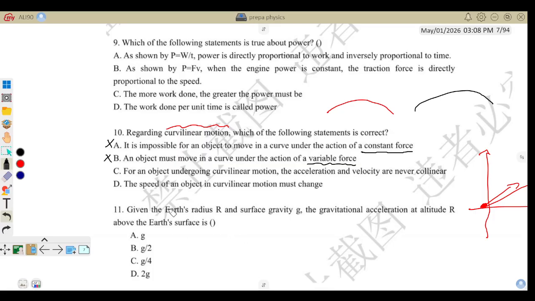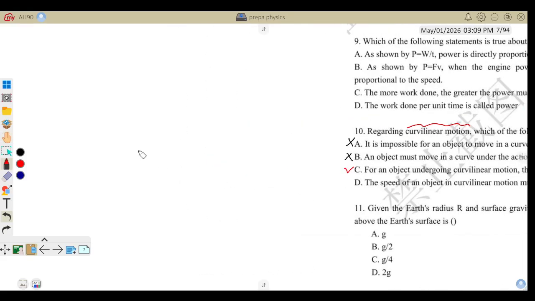For C, we have here, for an object undergoing curvilinear motion, the acceleration and velocity are never collinear. This is actually the best answer to choose. In a curvilinear, let's say circular motion, the velocity is always tangent to the path. For the force, let's say this is the total force.